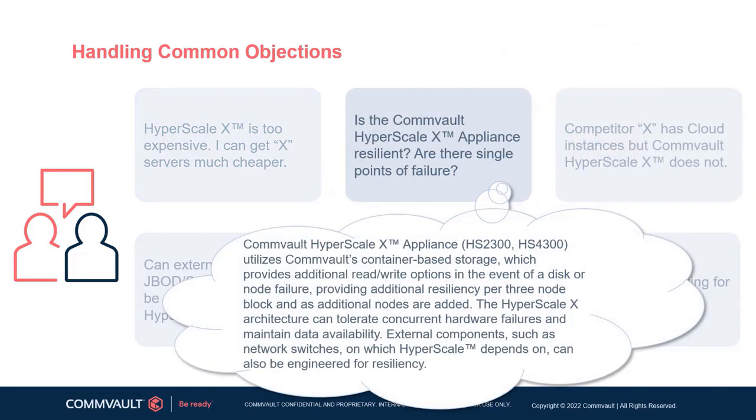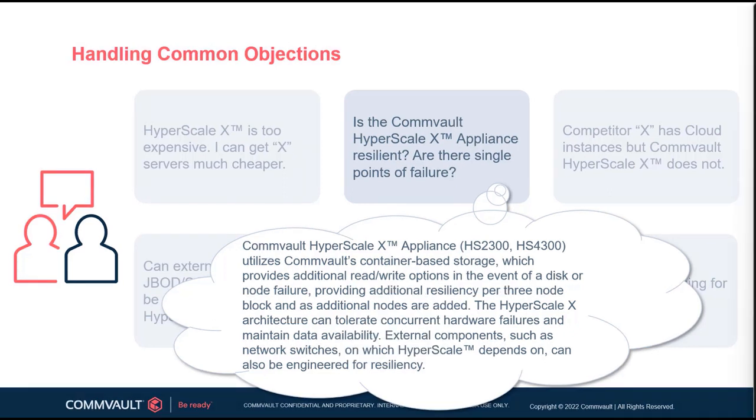Is the Commvault Hyperscale X appliance resilient? Are there single points of failure? Commvault Hyperscale X appliance HS2300 and HS4300 utilizes Commvault's container-based storage, which provides additional read-write options in the event of a disk or node failure, providing additional resiliency per 3 nodes block and as additional nodes are added.